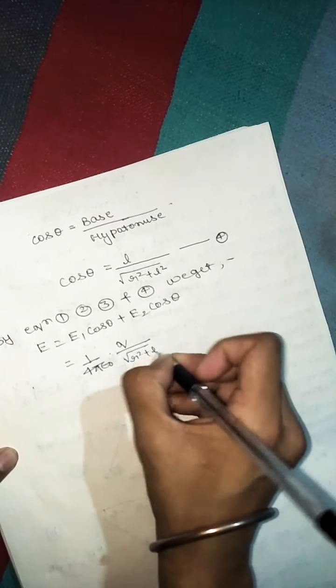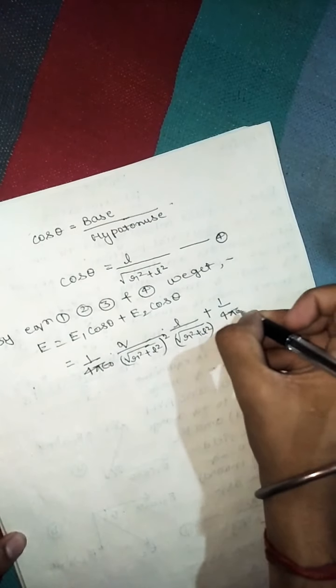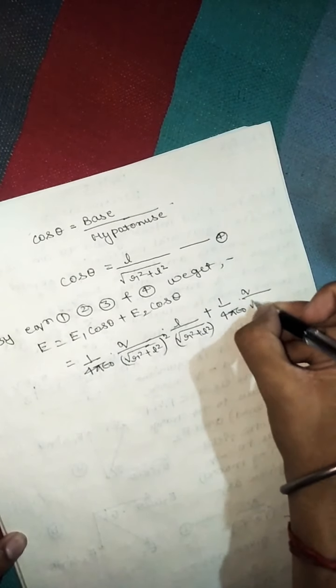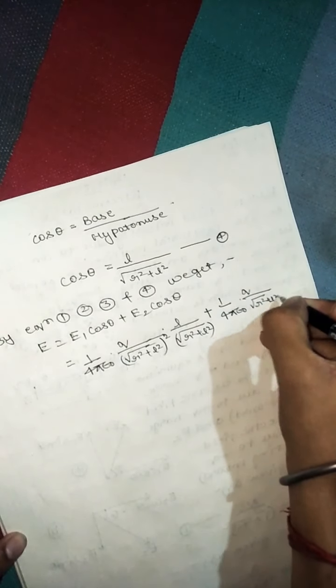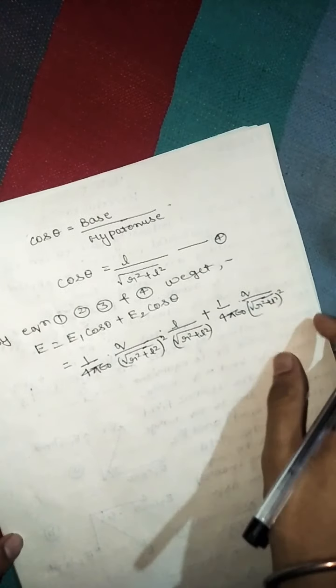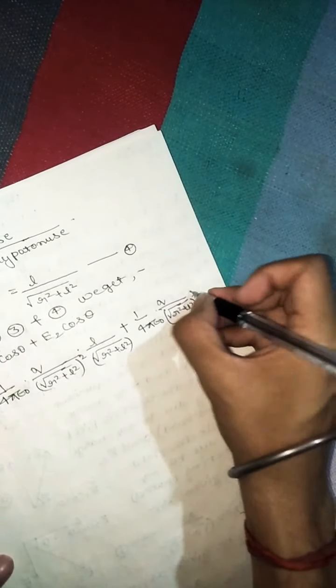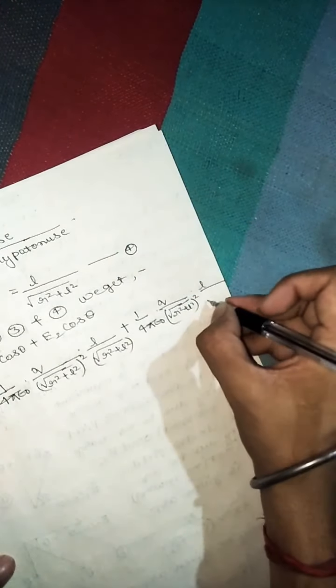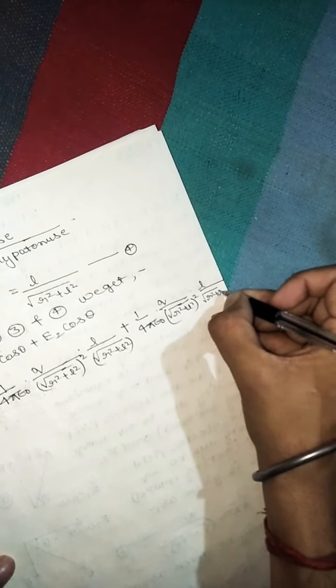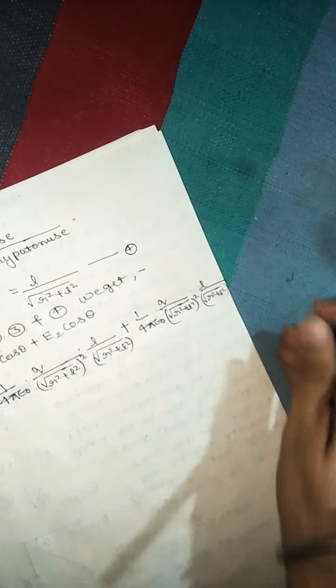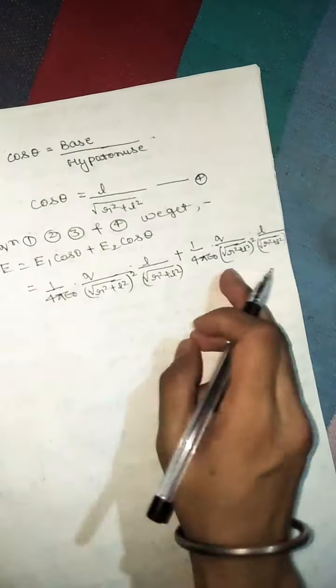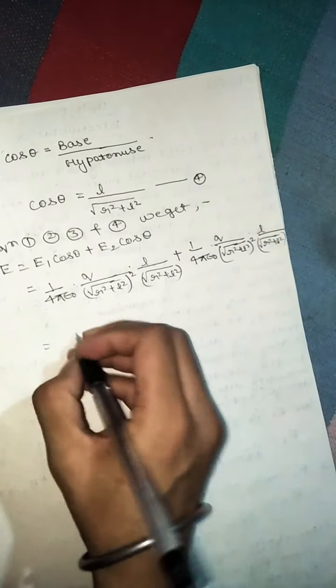Here also plus 1 upon 4 pi epsilon naught q upon under root r square plus l square whole square, and also the value of cos theta. What is the value of cos theta? l upon under root r square plus l square. As we can see here, both the values are same, so both would be added.